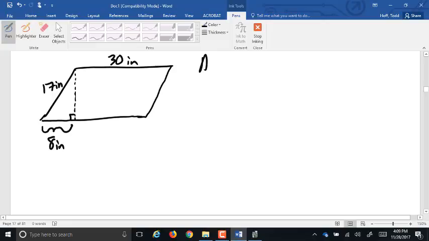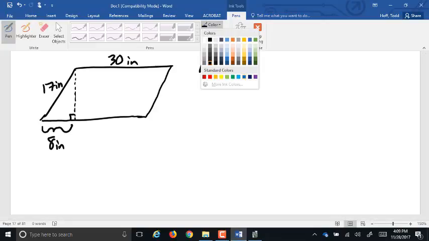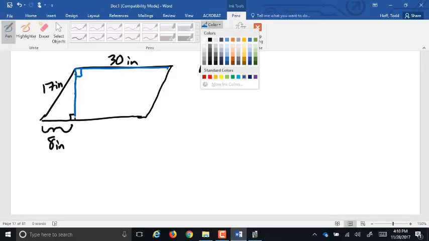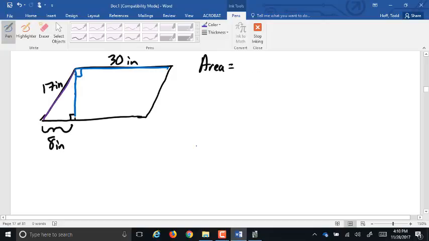If I want to find the area of that, remember for area, I have to have 2 dimensions that are perpendicular at right angles. So the 30 will work, but I would need to know this distance here, which would be at a right angle to it. To find that distance, I am going to use this right triangle.